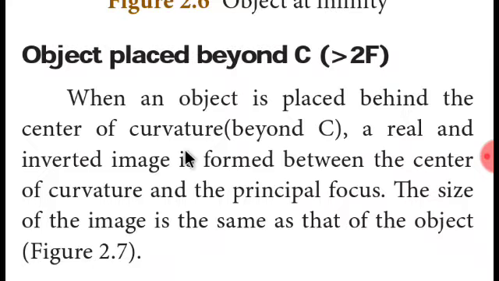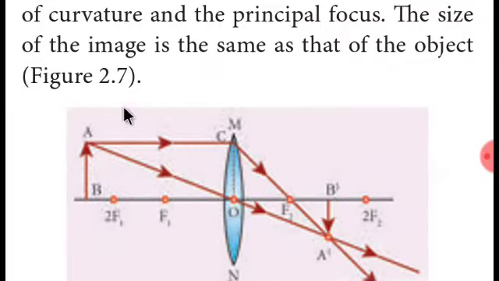Look here. In the first case we took the object at infinity, and here they are going to take it just ahead of C. This is C. C is equal to 2F1. We know focus into 2 is equal to the center of curvature, and that's what they are using here.